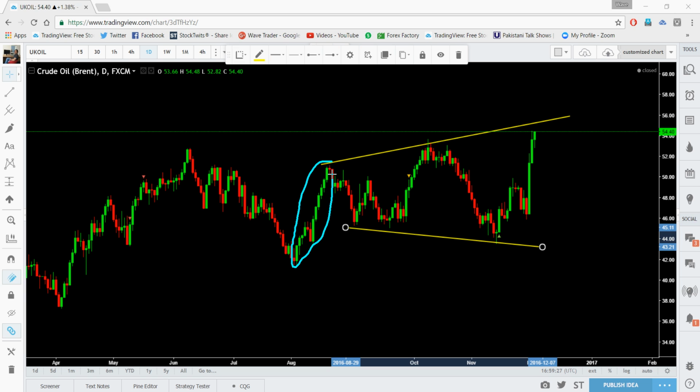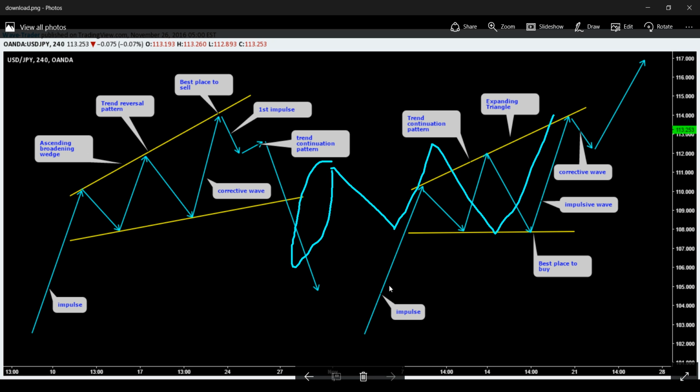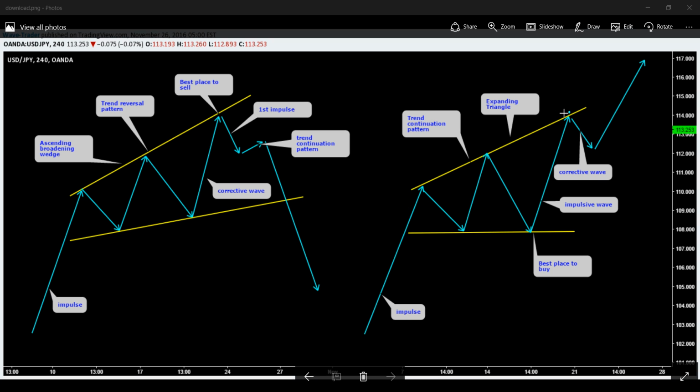This was impulse, after that correction, impulse, correction, and the next impulse is appearing. Everybody knows that when this pattern forms an impulse here, then very likely it is going to continue to the upside.